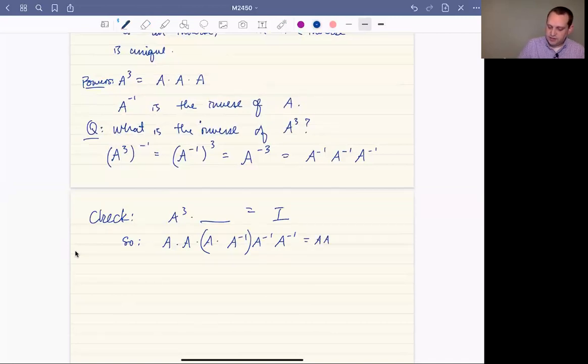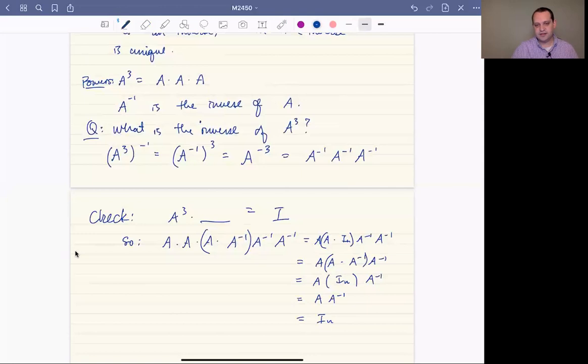So this is A times the identity times A inverse times A inverse. A times the identity is just A, and then we do it again. Notice that I'm trying to follow very strictly the rules that we have of associativity, definition of inverses, and so on. So A times A inverse, here I'm using associativity with multiplication. I can put the parentheses wherever I want. This is the identity times A inverse, and then A times the identity is just A. And then when all is said and done, this is the identity matrix.